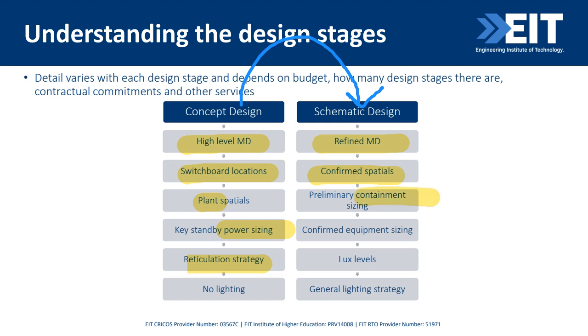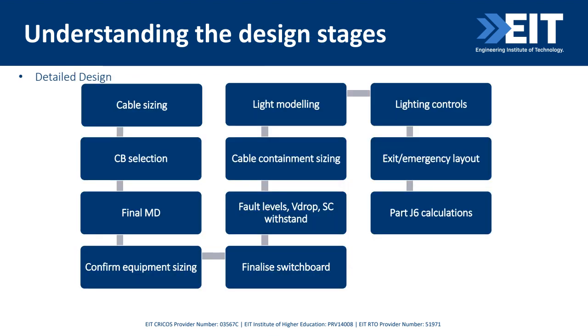Maybe we've looked at lighting levels but not light fittings, and a general strategy but not selections. So it's a bit more detail, but it's not finished. So depending on the design stage, will often dictate what design activities you do.